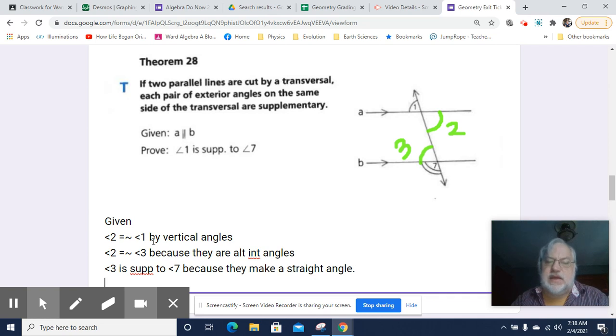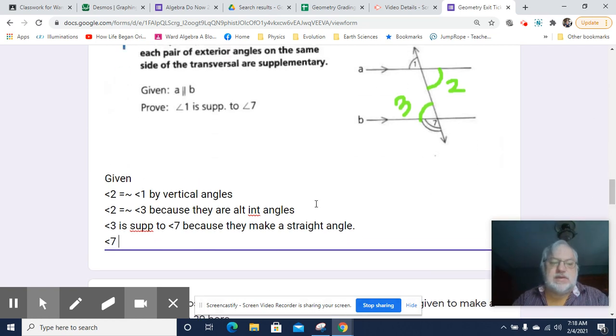And then we can say that angle 7 is supplementary to angle 1. We can just say by transitive property or substitution if you wish, because we could just substitute angle 1 and angle 3. The measures of those angles are the same, so substitution could be used.